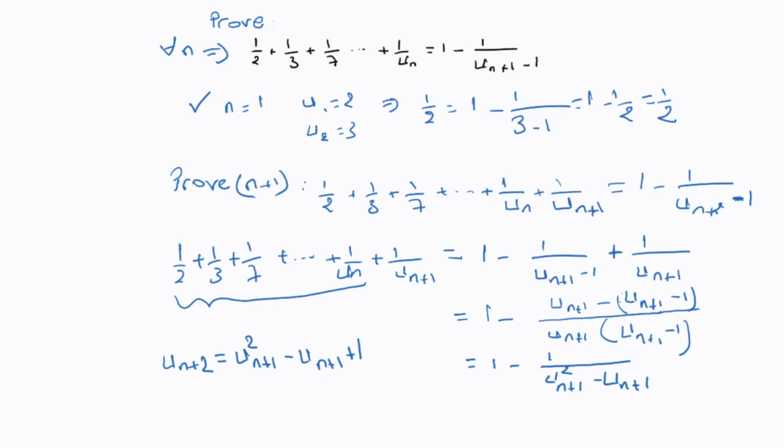Okay, so we just replace. This one, U(n plus 1) square minus U(n plus 1), is equal to this one, which is equal to 1 minus 1 divided by U(n plus 2) minus 1. So we prove it for n plus 1 that this is correct.